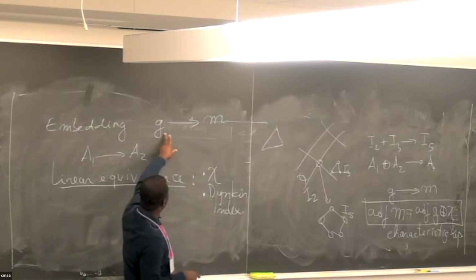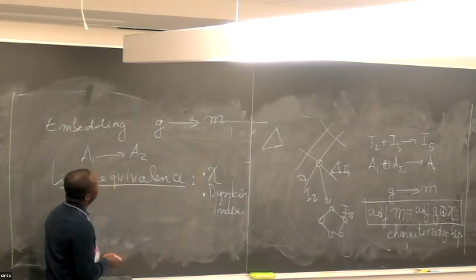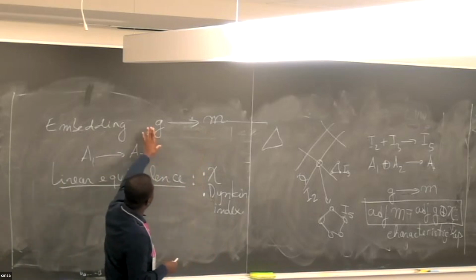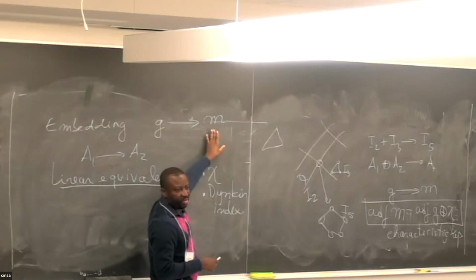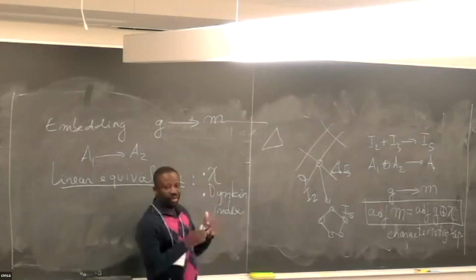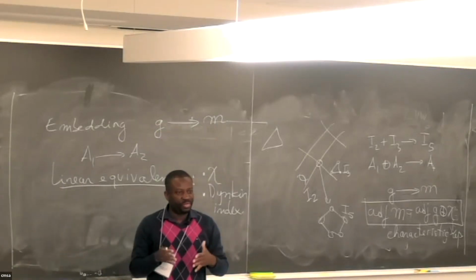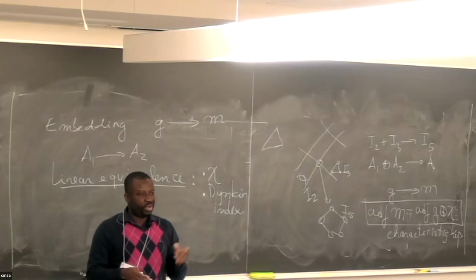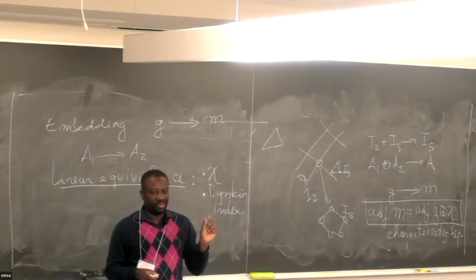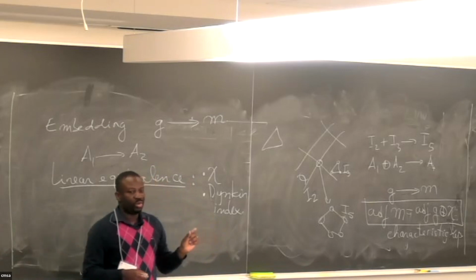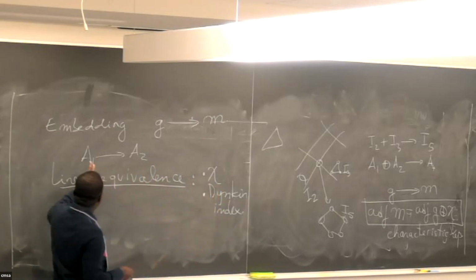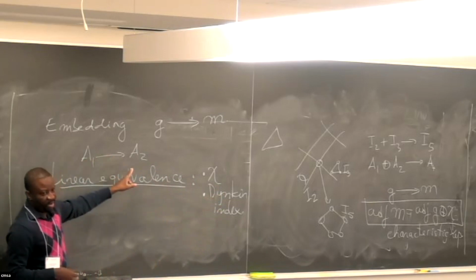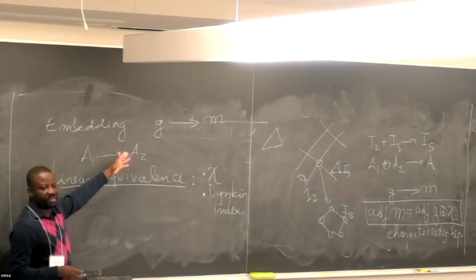So when you have an embedding like this, you can consider my bilinear form in G, and compare it with the natural bilinear form I have on M. And if you compare them, you see that they have to be scalings of each other. And the scaling factor is a number that happens to be an integer called the Dynkin index of the embedding. So for example, for the two possible embeddings of A1, they have different Dynkin indices.